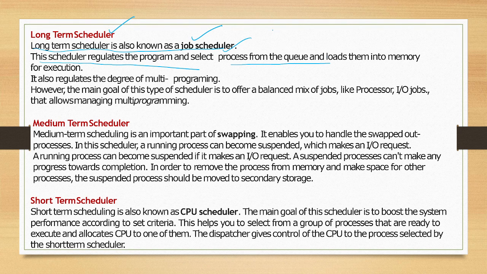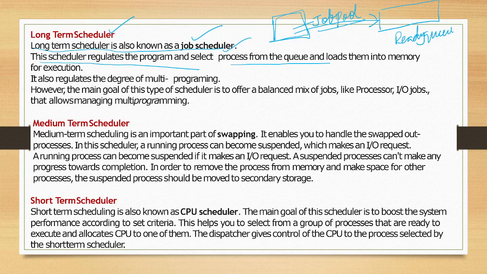The job of the long-term scheduler is selecting jobs from the job pool. It is one of the queues where all the processes are residing initially. This is the job pool. From this job pool, the long-term scheduler is selecting the processes and loading them into the main memory, that is the ready queue.